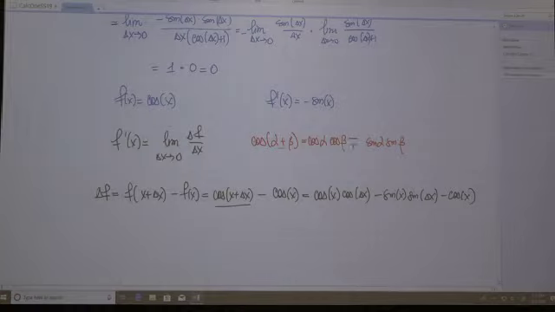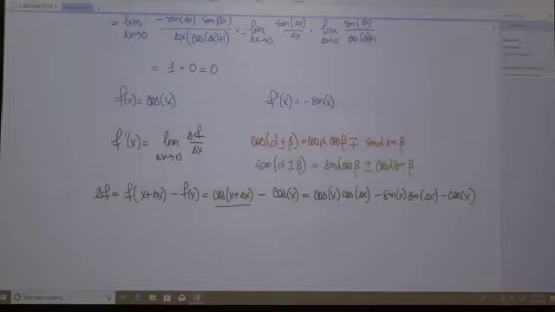And there is a formula as well for the sine: sine of alpha plus minus beta is equal to sine of alpha cosine of beta plus minus cosine of alpha sine of beta. For the sine, plus minus goes to plus minus. For the cosine, plus minus goes to minus plus.